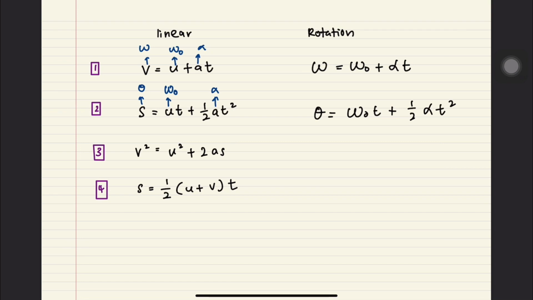Try to write down the equation for rotational. v squared becomes omega squared, u squared becomes omega naught squared, 2a becomes 2 alpha, s becomes theta. And the last one, as displacement, is theta equals half, u is omega naught plus omega, times t.